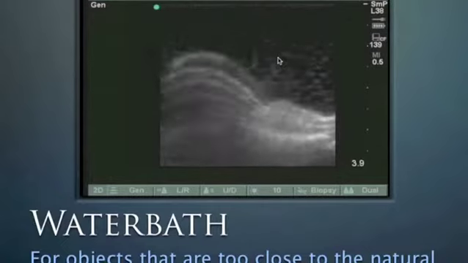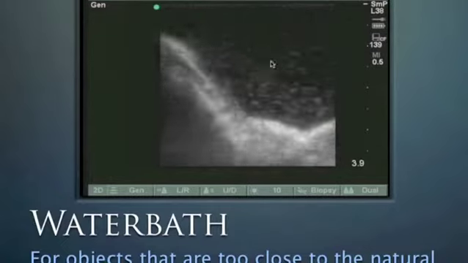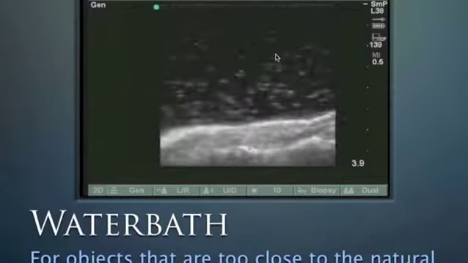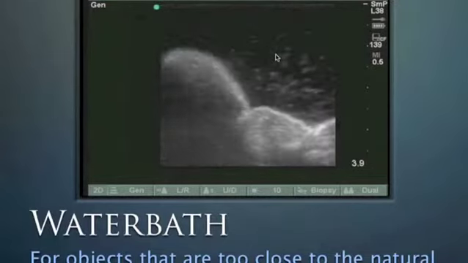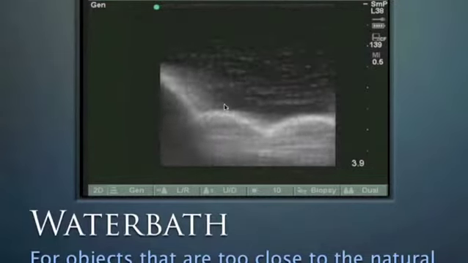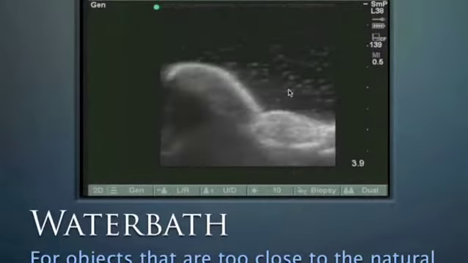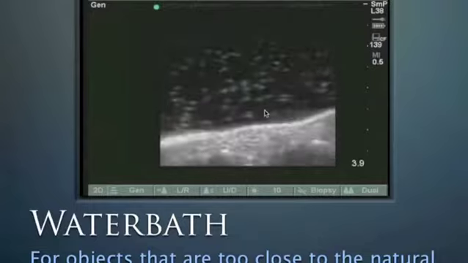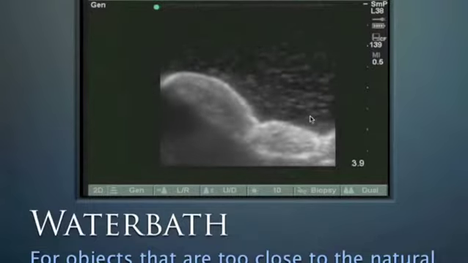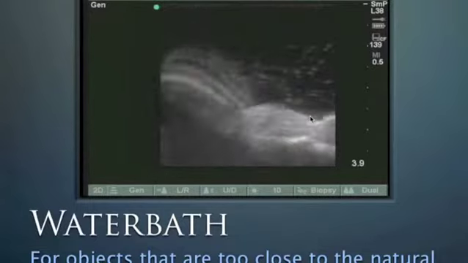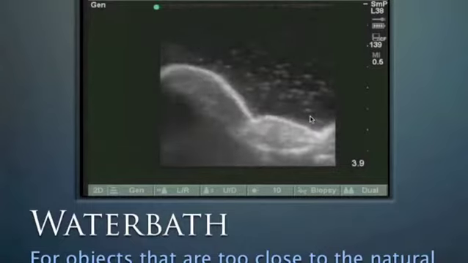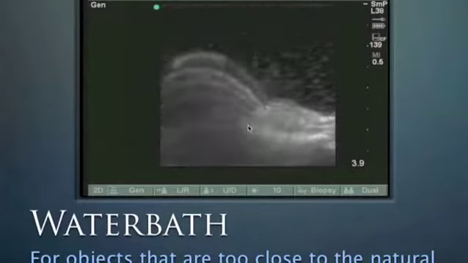That's air in the water, and that's what it looks like when it hasn't settled out of the water yet. A little bit of air still in this water bath. And so this is the flexor surface of the finger, and as we stand away from it a little bit, we can see very good sonography of the entire surface.